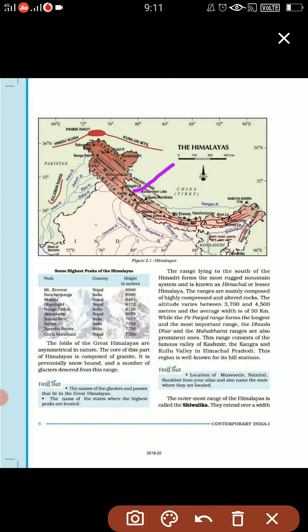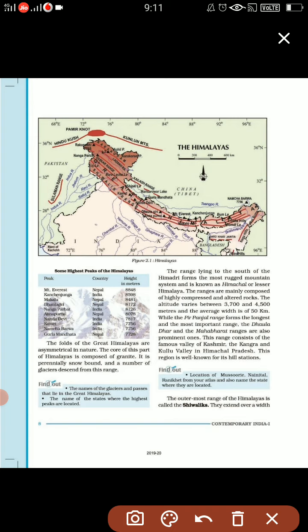All the important Himalayan peaks are in this Himadri region only. You can see here Mount Everest, Kanchenjunga, all are in this Himadri region.